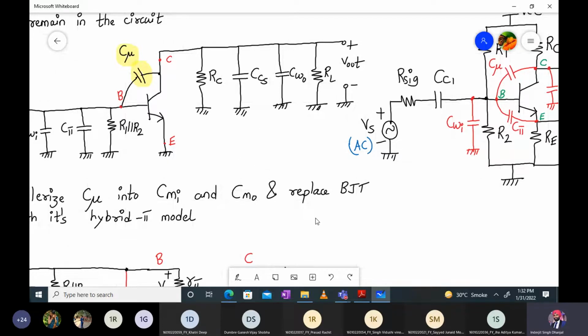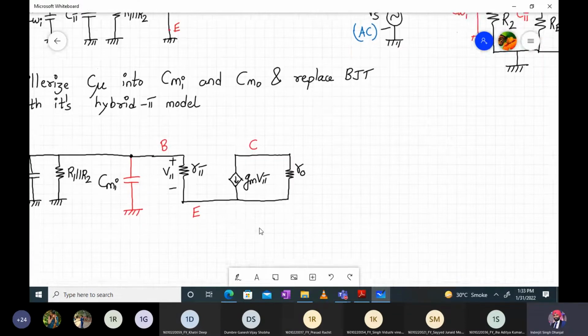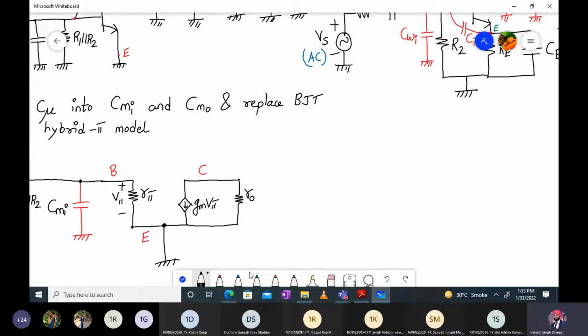So here at the output at the collector side, I will have all these components RC, CCS, CWI, RL. But additionally, I have CMO. And emitter is grounded basically. Why is the emitter grounded? Because the bypass capacitor is short circuited. Correct? So over here I have my capacitor CMO, the output Miller capacitance.